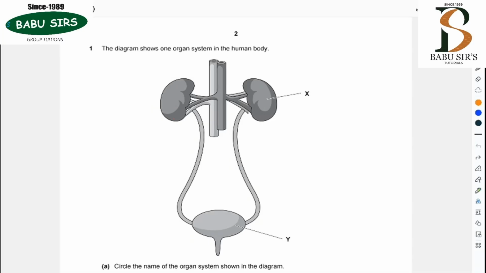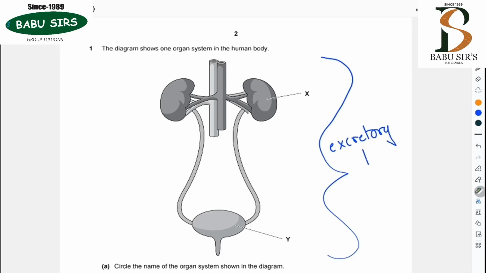So this is question number 1. The diagram shows one organ system in the human body. So this entire organ system is nothing but the excretory system. Now what does the excretory system do?